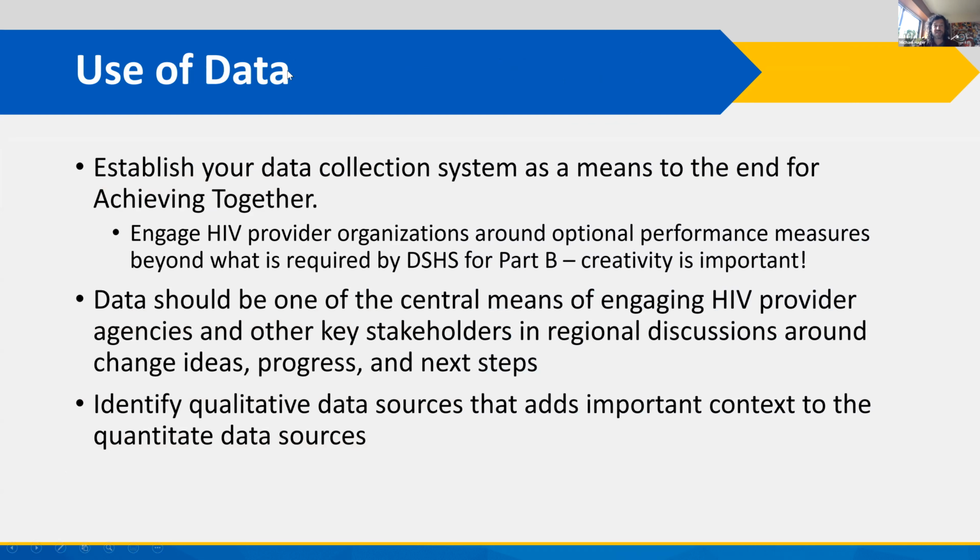So use the data. That's why it's part of the plan, right? And that would be how you engage your stakeholders. Establishing a data collection system as a means to the end for Achieving Together. You can engage the providers in your network in your region to talk about optional performance measures beyond what is minimally required. And it's important to be creative, especially when we think about our status neutral approach.